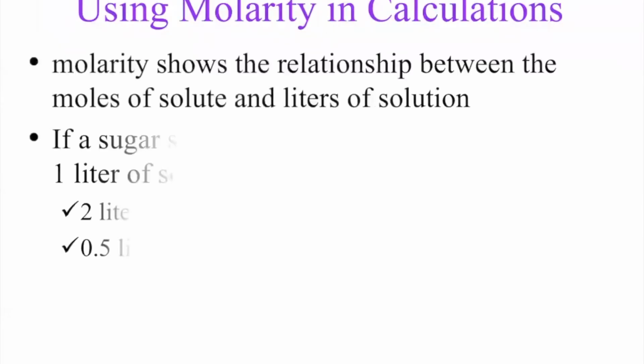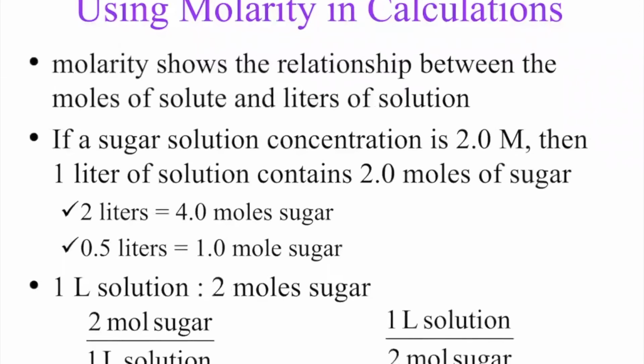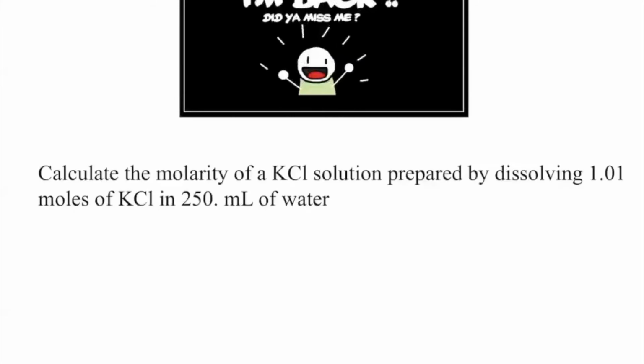As I mentioned, the definition of molarity is moles over liter, so we can use it as a conversion factor. Depending on what we need, you can use either moles over liters or liters over moles. Here's a practice question: calculate the molarity. You need to end up with moles over liter.